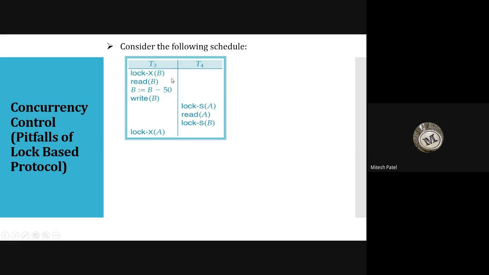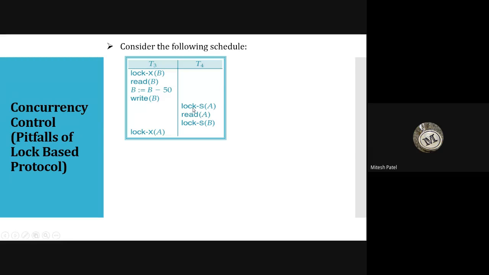It means T4 will wait until T3 releases the lock X on B. So here: lock X B, read B, B minus 50, and write B. There is no unlock of B.